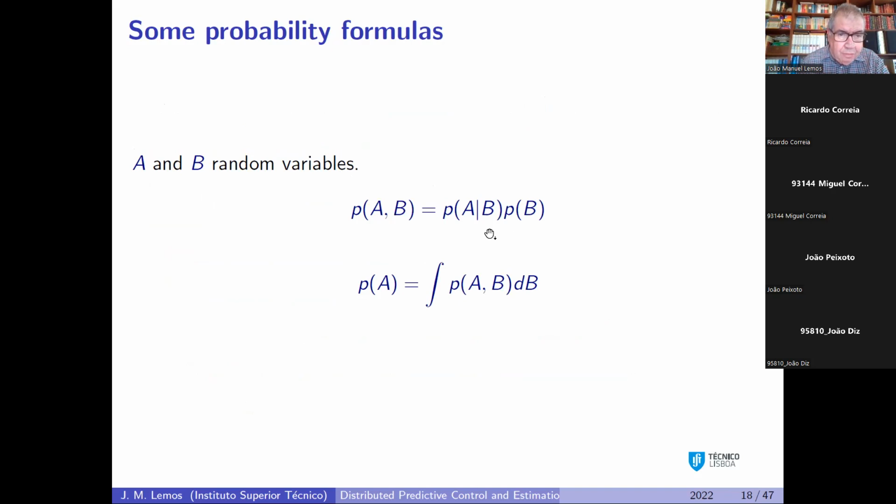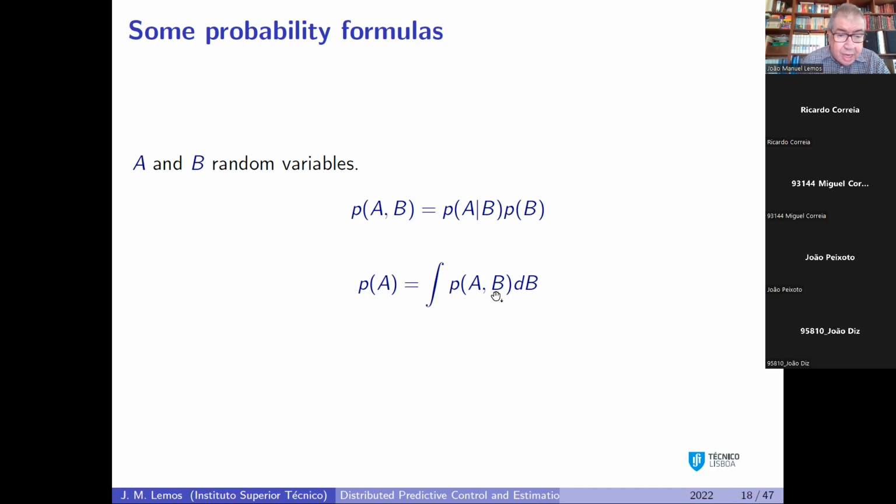If you compute a probability, or probability density function, of some variable A given observations of B, and you multiply it by the probability of B, this is the same as the joint probability of A and B. So you can write the joint probability by decomposing it into a conditional probability times the probability of the part on which we are conditioning. And this applies to several variables.